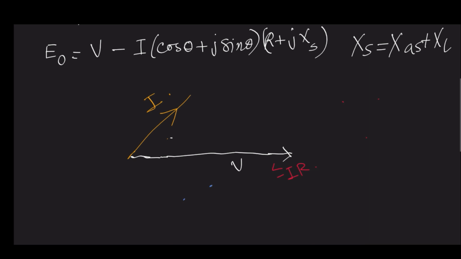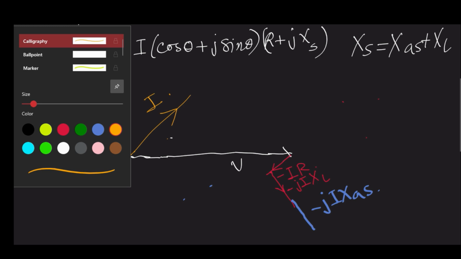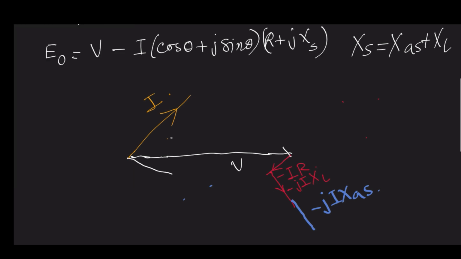Let us just draw it quickly. Then minus jXAS. Now let us draw our E and our E naught.